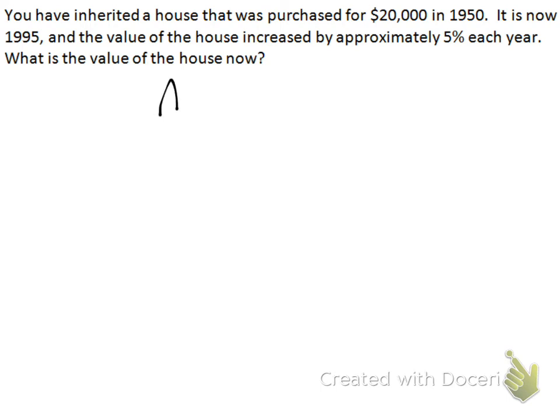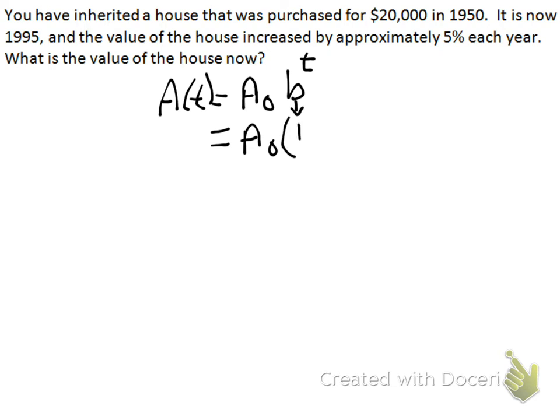And that base formula is A of t equals A naught, the original value, times b raised to the t power. Now that b needs to be broken down. What that b means, let me just draw a little arrow here, is 100% of your original value plus or minus whatever your rate is, raised to the t power.